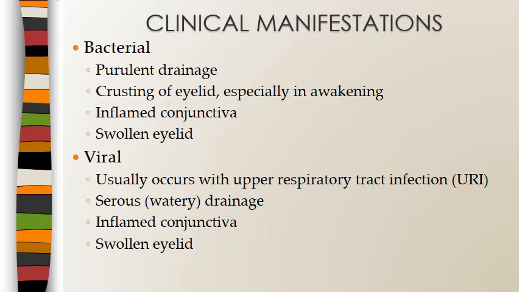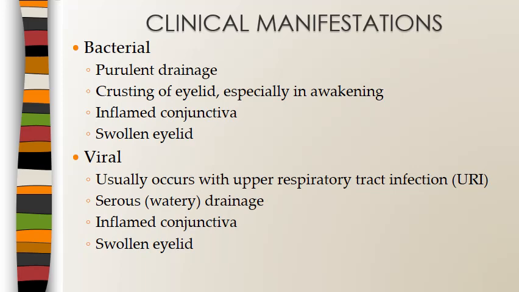There is a difference that we see in the clinical manifestations between bacterial and viral conjunctivitis. A child who has bacterial conjunctivitis has a very purulent drainage. We see crusting of the eye, especially when they awaken, and they have an inflamed conjunctiva and swollen eyelids.